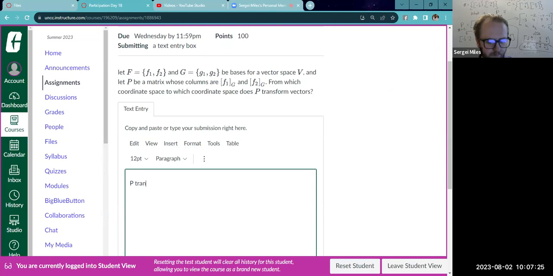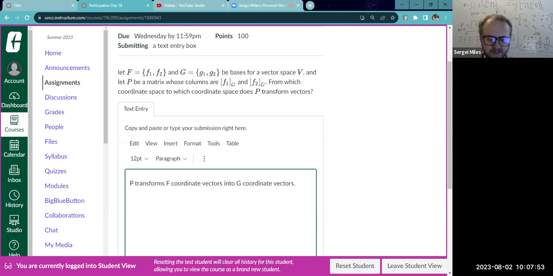P transforms F coordinate vectors into G coordinate vectors.